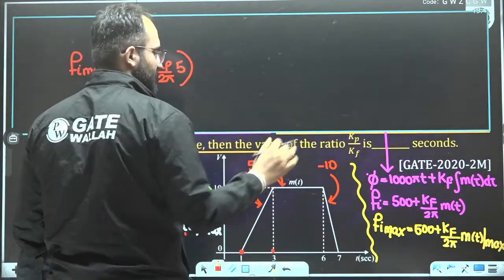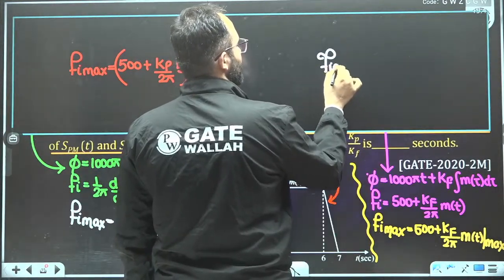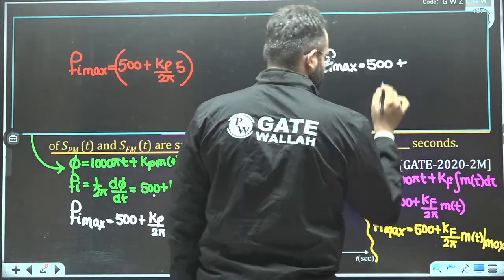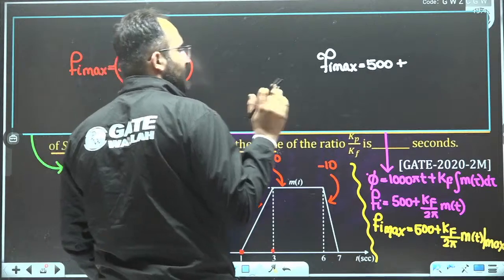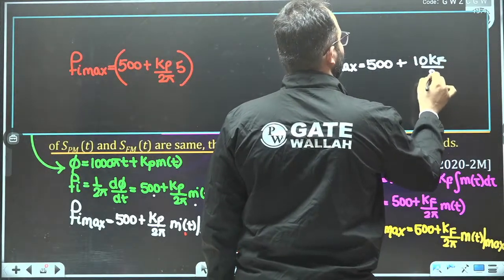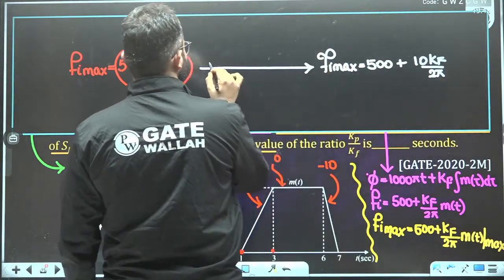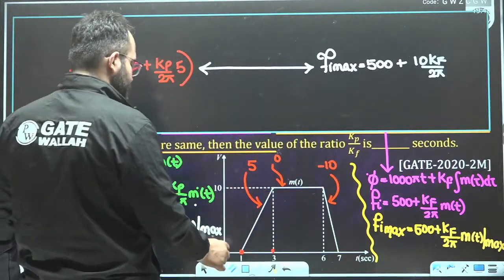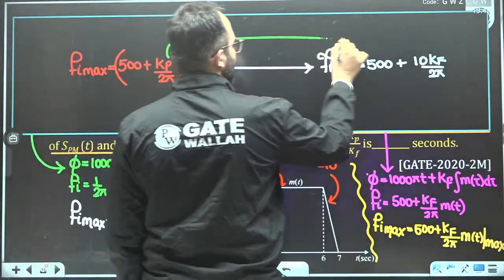And here we can see that in case of FM, it is 500 plus Kf upon 2 pi into m t max. What is m t max? That is 10. Straightforward, 10 Kf upon 2 pi. Now, since it is given that these values, phi max of FM and PM, are equal, obviously these terms have to be equal, right?